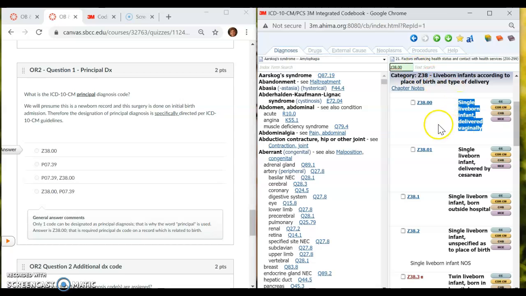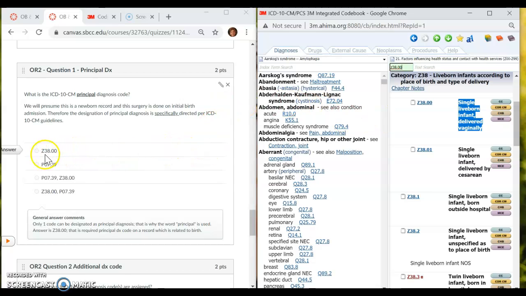When isn't it principal diagnosis? Let's say the baby was born at a local hospital, and they had to take the baby off to a university hospital. Okay, so the university hospital will not code that Z38 code. The first local hospital is going to code it. The university is going to code whatever's wrong with the baby as principal diagnosis.